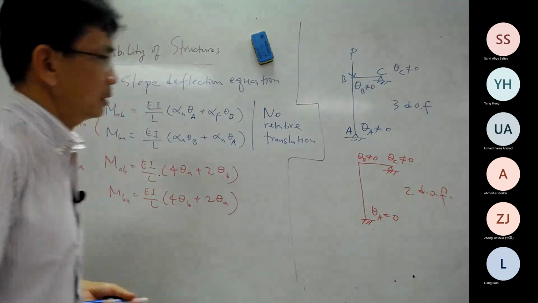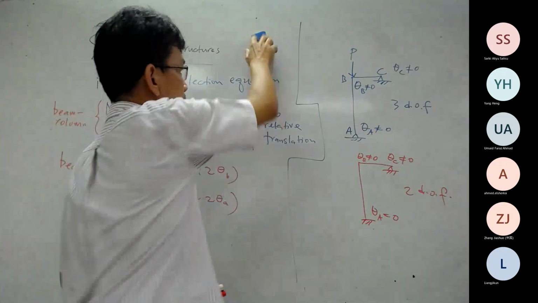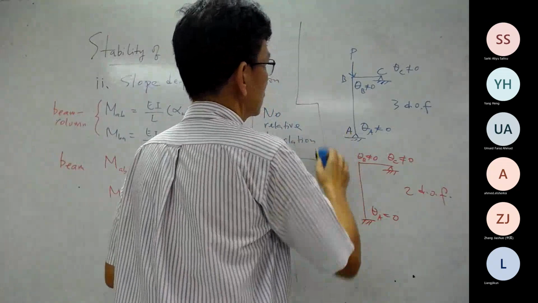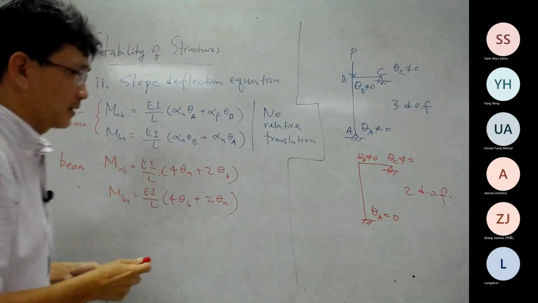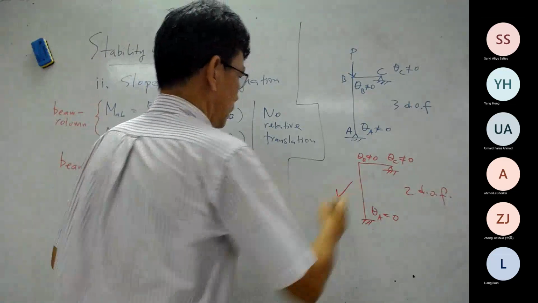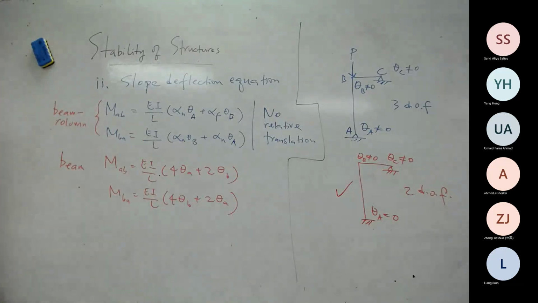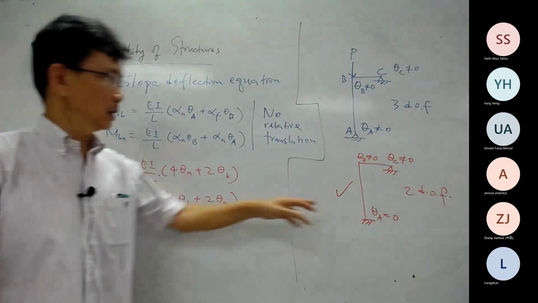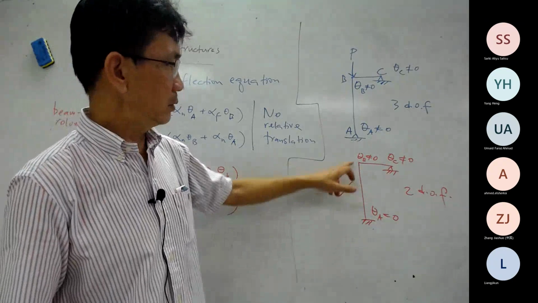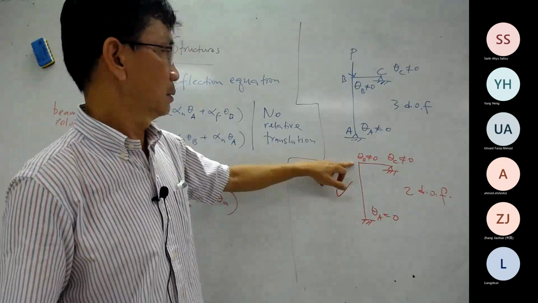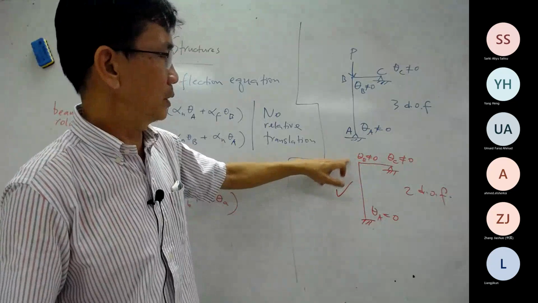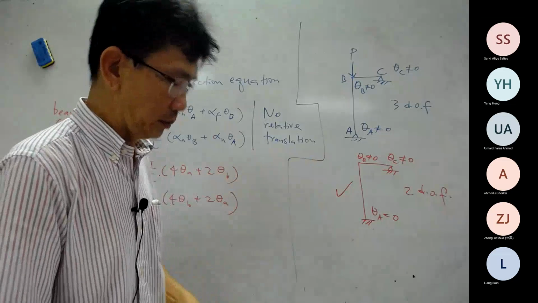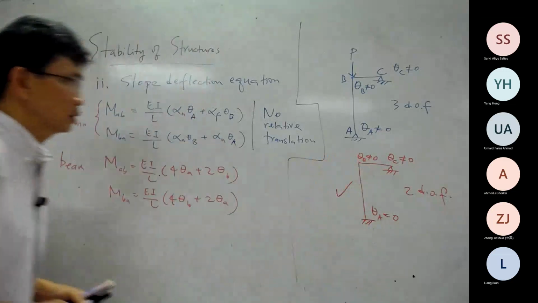So let me take another example. Okay, let me do this one. For this one, we will try to form the joint equilibrium equations where theta_B is non-zero. So we have to form the joint equilibrium equations where the rotation is non-zero.